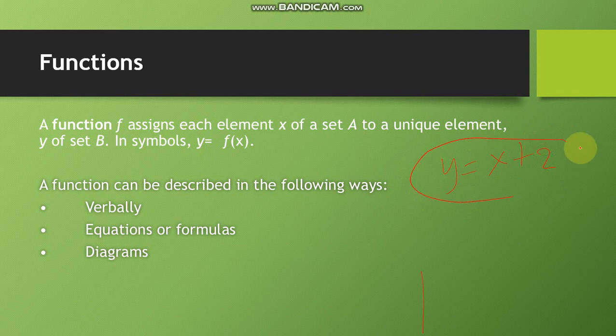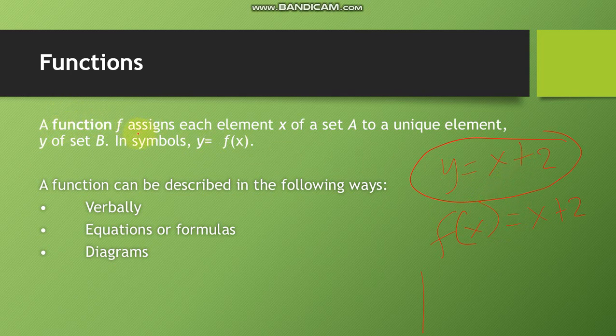This is an example of an equation. But if we talk about a function, the commonly used symbol, we have f of x is equal to x plus 2. They just differ in symbol, but in mathematics, there is a big difference.